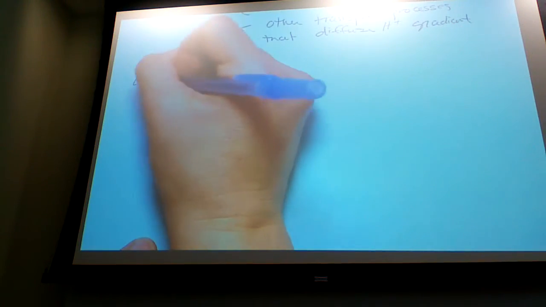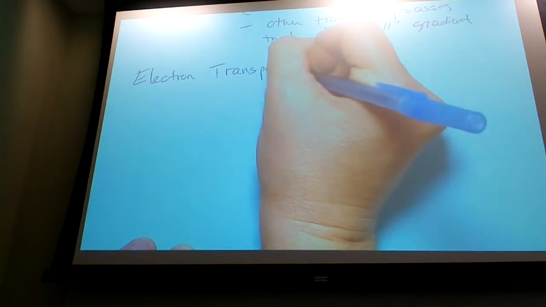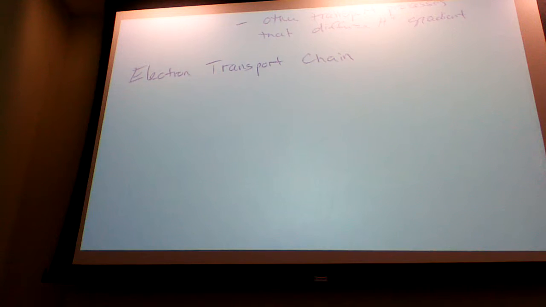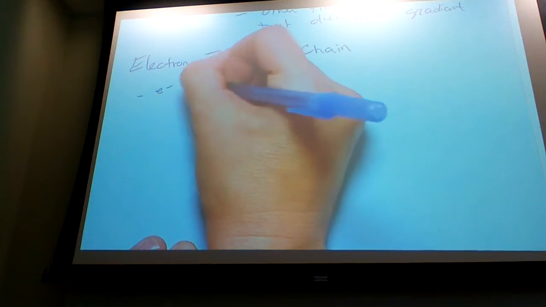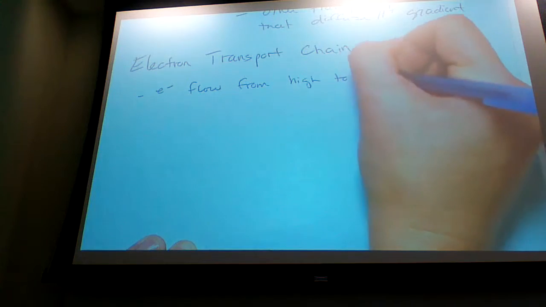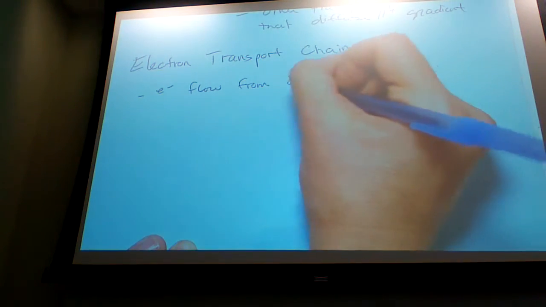So the electron transport chain. Electrons are going to flow from low to high reduction potentials.